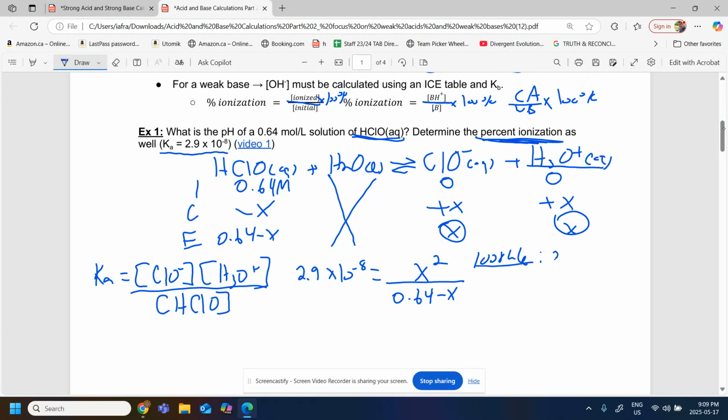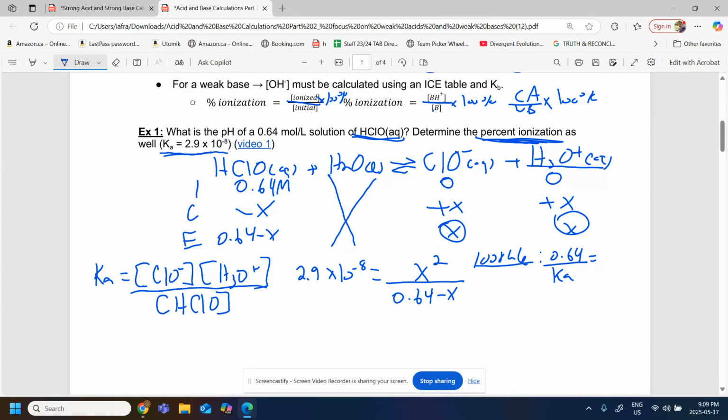The initial concentration was 0.64 over the Ka. I'll just put Ka here, but you know that the Ka is up here. And if you have some math sense, you'll see that when you're doing 0.64 divided by such a small number, you know it's going to be much greater than 100.